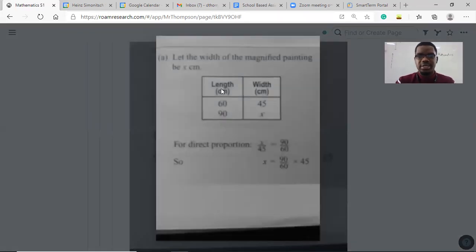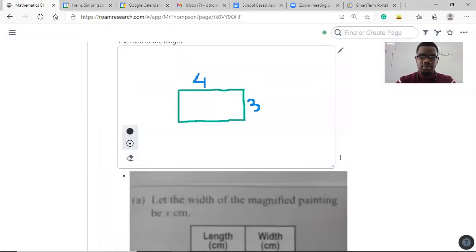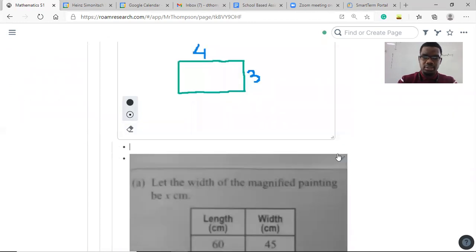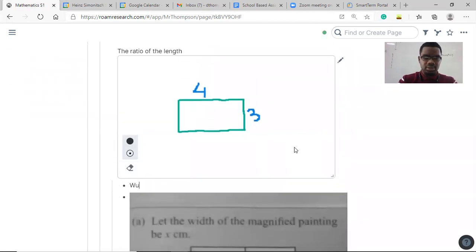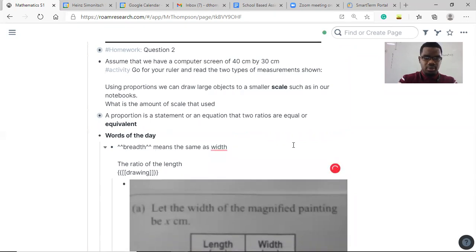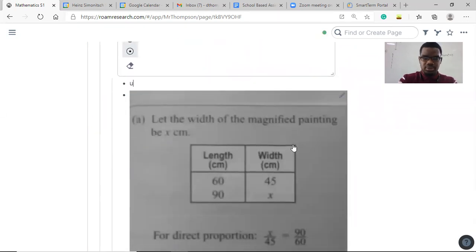Here we go. So it says, let the width of the magnified painting, right? So the painting that it's talking about, let's write what it's saying. So let me give you the question. Question 1 states that we have a painting of 60 centimeters by 45.